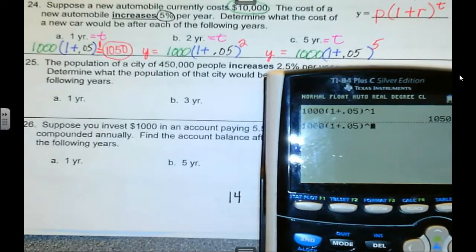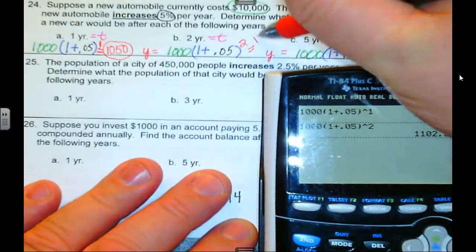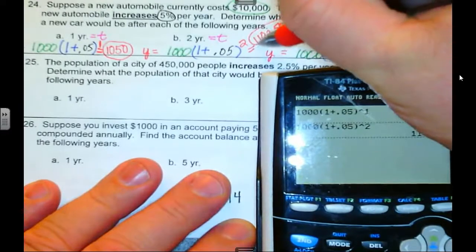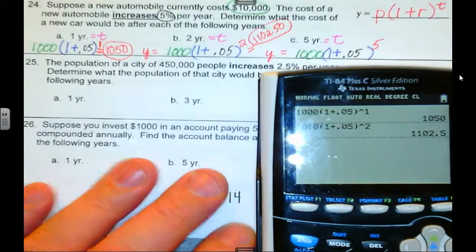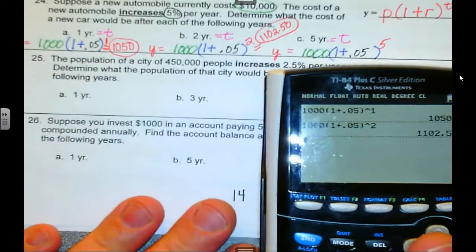Okay, you're going to raise it to the second power, right? Hit enter. You should get 1102.50. So this equals 1102.50. Makes sense to me. See how it's going up a little bit after a little bit of time.